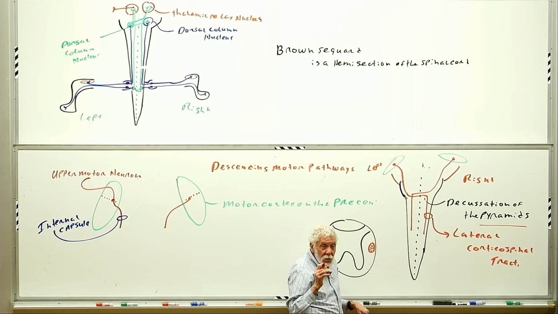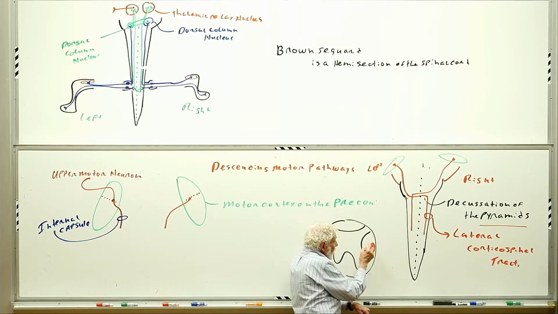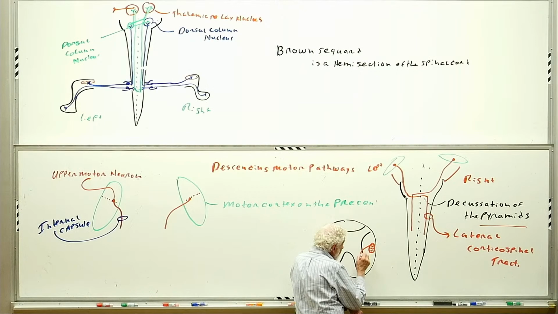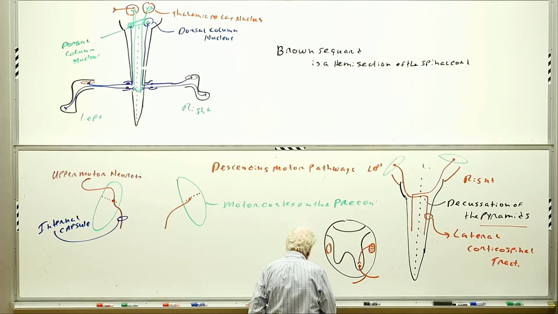But at some point during development, a particular neuron will get off and now enter the ventral horn. And in the ventral horn, this upper motor neuron forms a synapse onto the lower motor neuron.